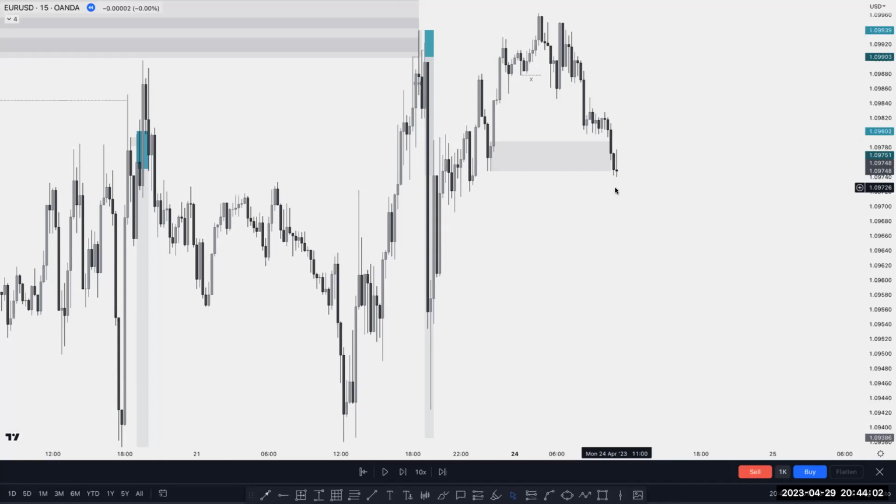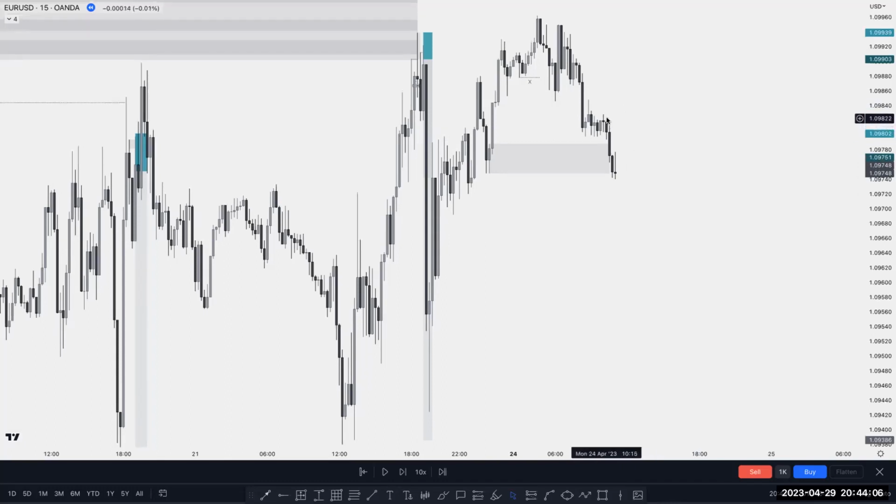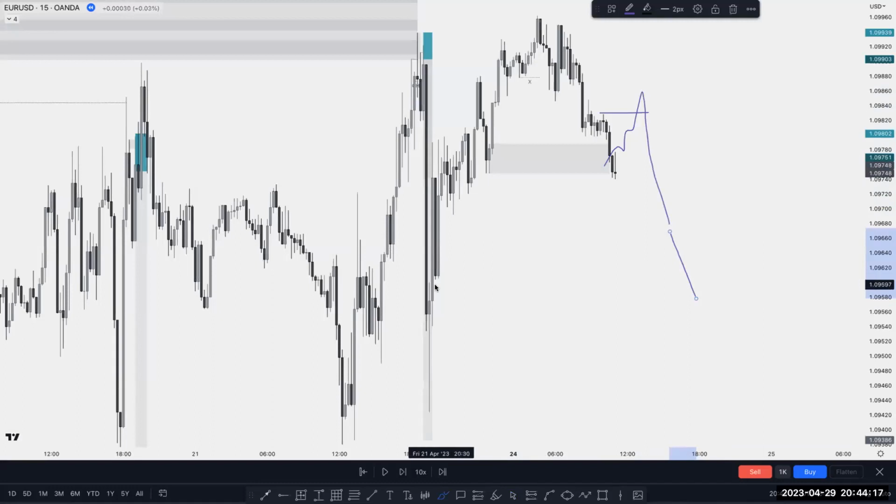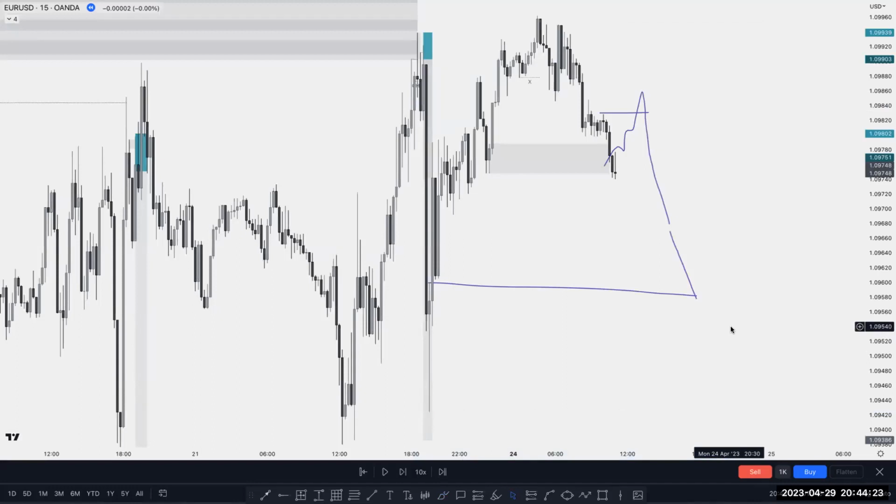Simply you can sell if market has taken out this inducement. Why? Because this high acts like an inducement here, right? Like this. And then we can sell till this PY mitigation, right? So this is a possible scenario here for the sell.